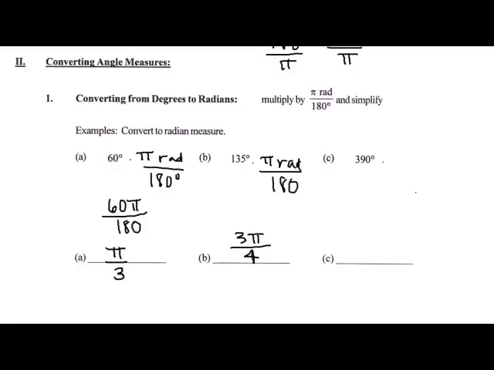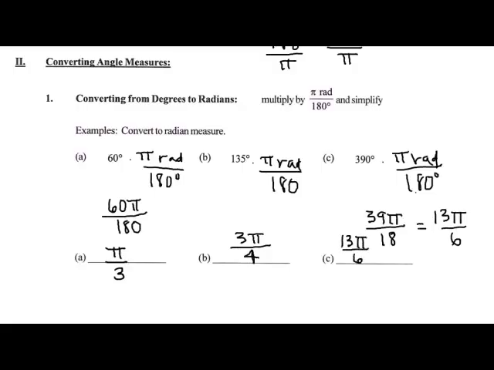And the last one, again, if we multiply by pi radians over 180 degrees, we get 39 pi over 18. And if we simplify that, we get 13 pi over 6. So our final answer is 13 pi over 6. So again, to go from degrees to radians, we just multiply by pi over 180.